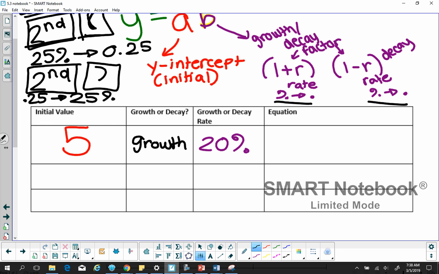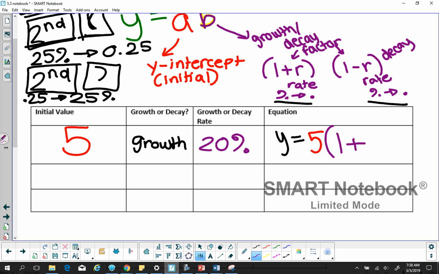So how I do that is I write y equals, what is my a? 5, right? My initial value, my y-intercept, is 5. Then I'm going to do parentheses. So now it's not just going to be b, right? We're going to have to figure out what b is. Since it's growing, would I add or subtract from 1? Add. So I know it's 1 plus your r. So if it says growth or increasing, something like that, I know I'm adding to 1.